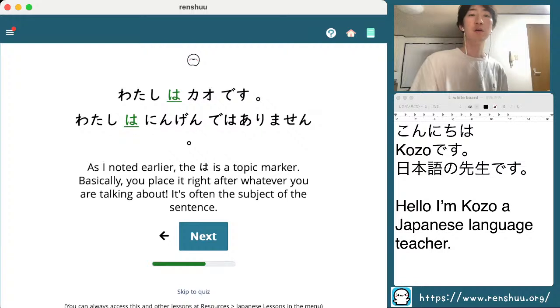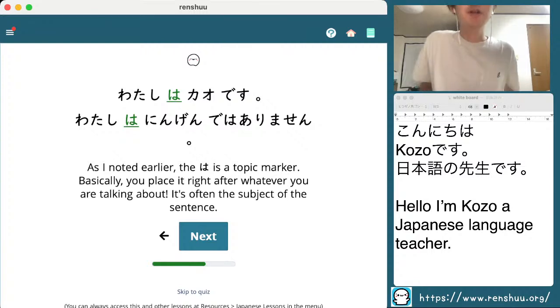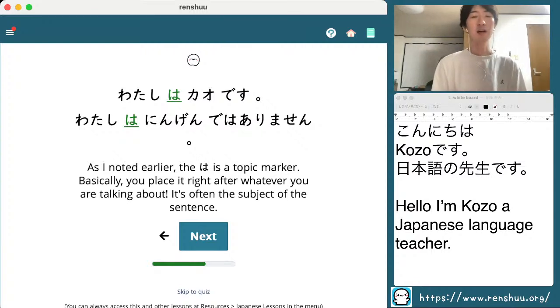Sometimes people think wa is only for the subject, but actually it's not. Wa is a topic marker, as it says. The topic marker is often the subject of the sentence, but not always.